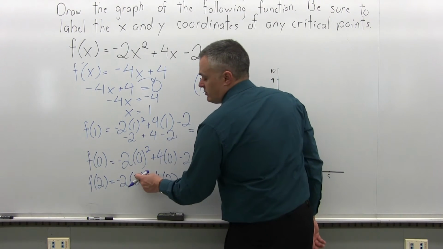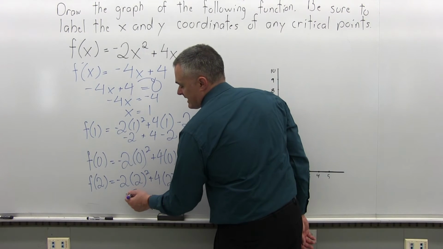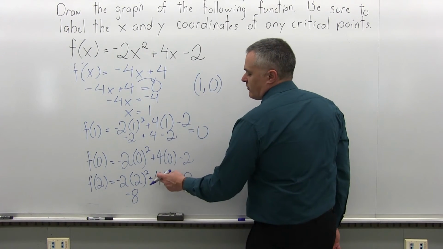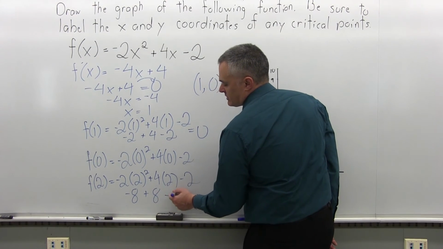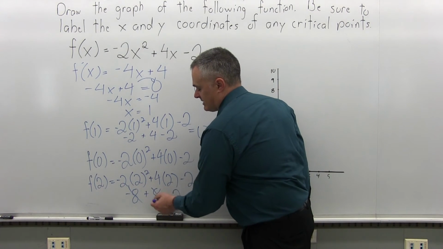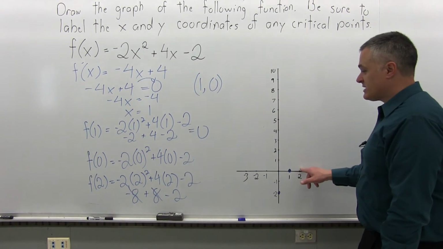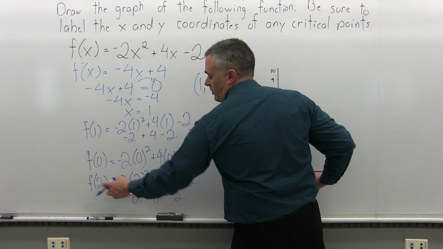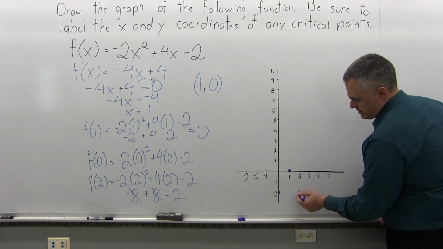So let's do the math. 2 squared is 4 times the minus 2 in front is negative 8. Then 4 times 2 is positive 8, and then minus 2. Negative 8, positive 8, it's very natural to just cancel these out and see that I'm left with a minus 2. So if I go over positive 2 for my x, the y that I get out is minus 2. So over 2, down 2.